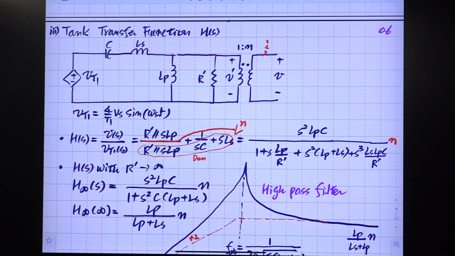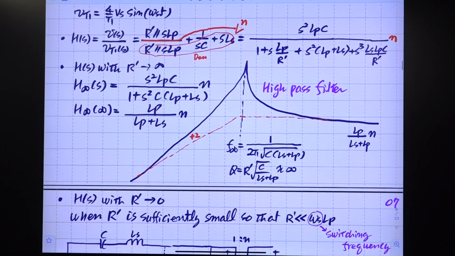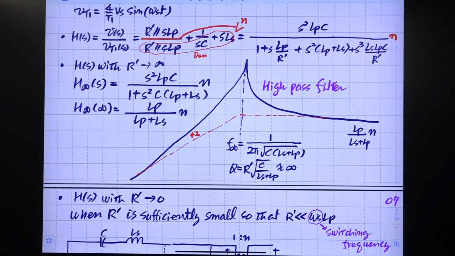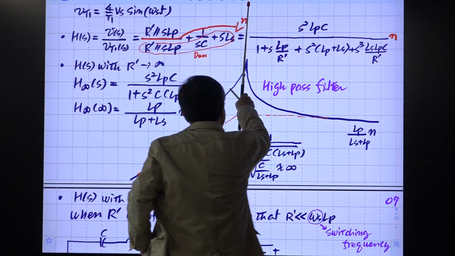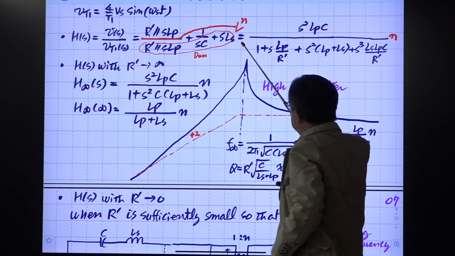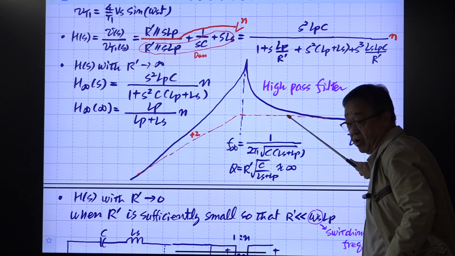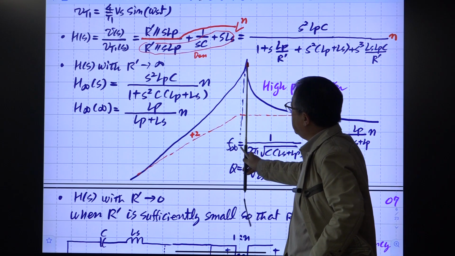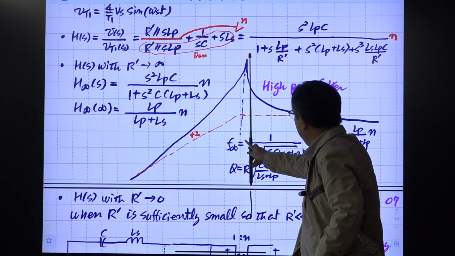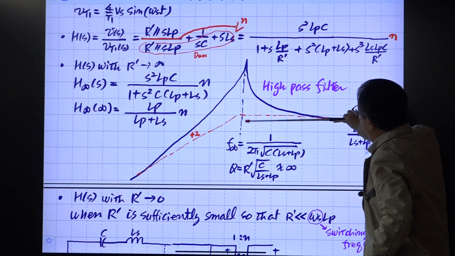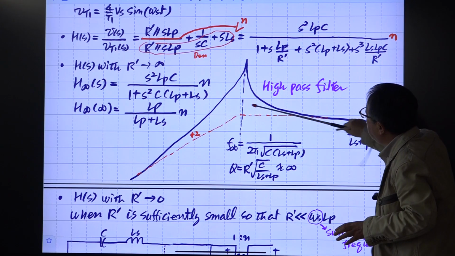All right, so when R is large, it shows these characteristics, but because Q is infinity, we have infinite peaking here. Then it increases like this, decreases like this, and this is called a high pass filter. The low frequency component is attenuated by this, and the high frequency component is passed without any big attenuation. This is something extra.